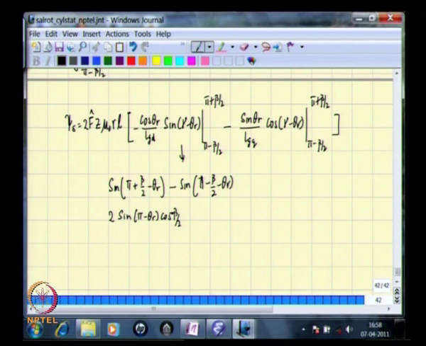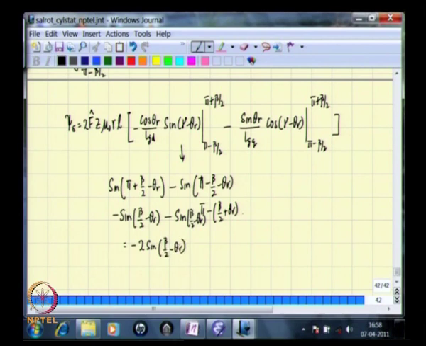To be more specific, another way in which this could be written: sin of pi plus beta by 2 minus theta r is minus sin of beta by 2 minus theta r, and the other expression is sin of beta by 2 plus theta r, which gives us minus 2 sin beta by 2 minus theta r.